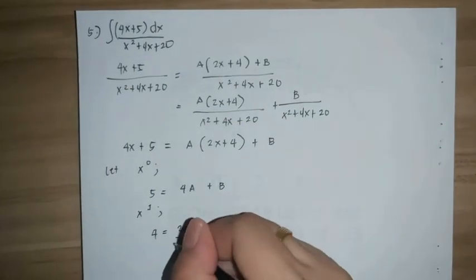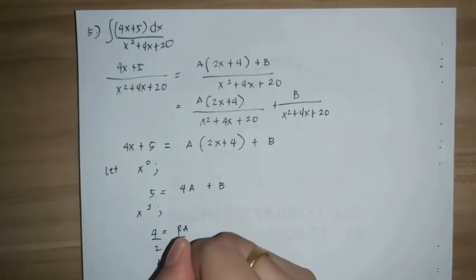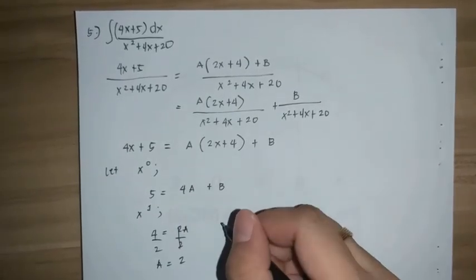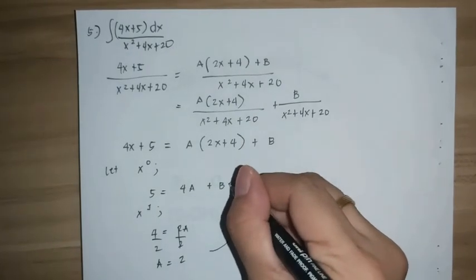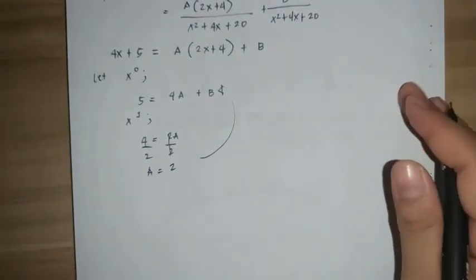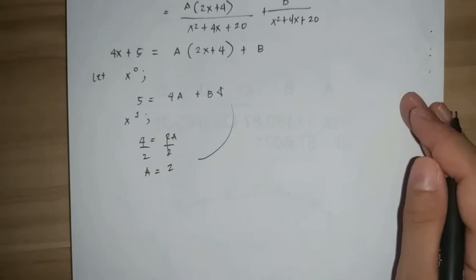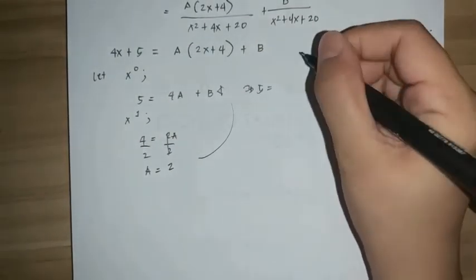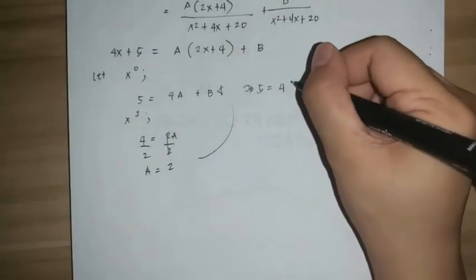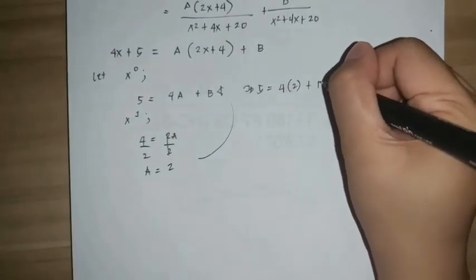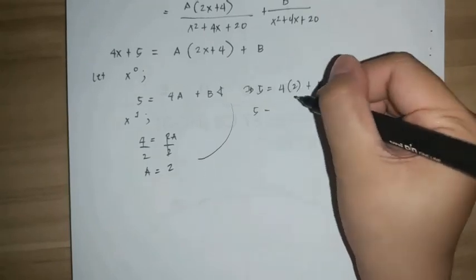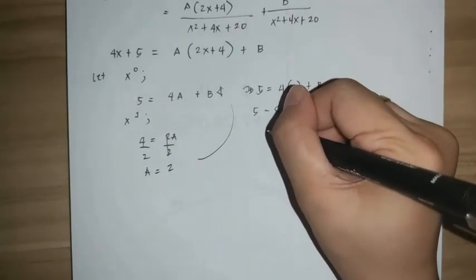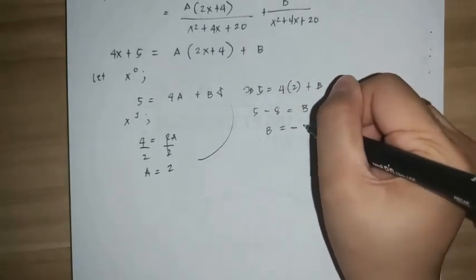So we have 5 is equal to 4 times 2 plus B. 5 minus 8 is equal to B. Then B is equal to negative 3.